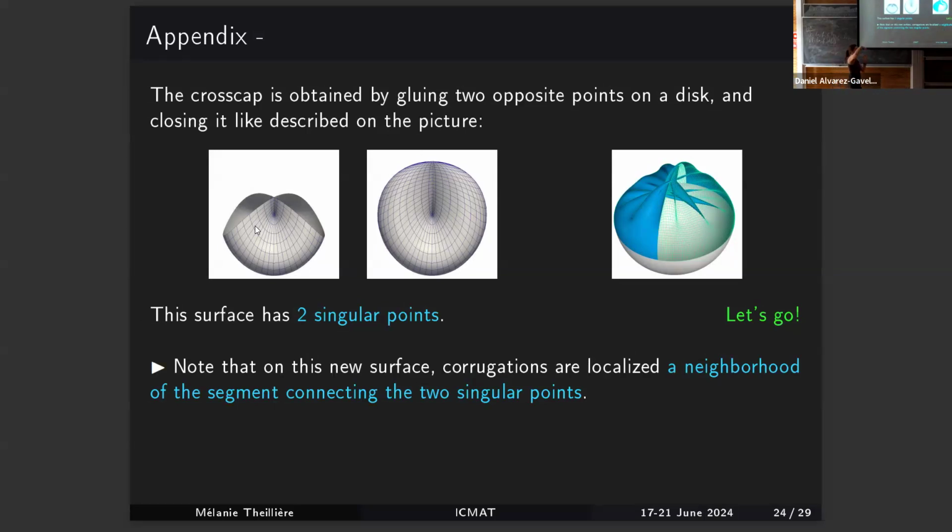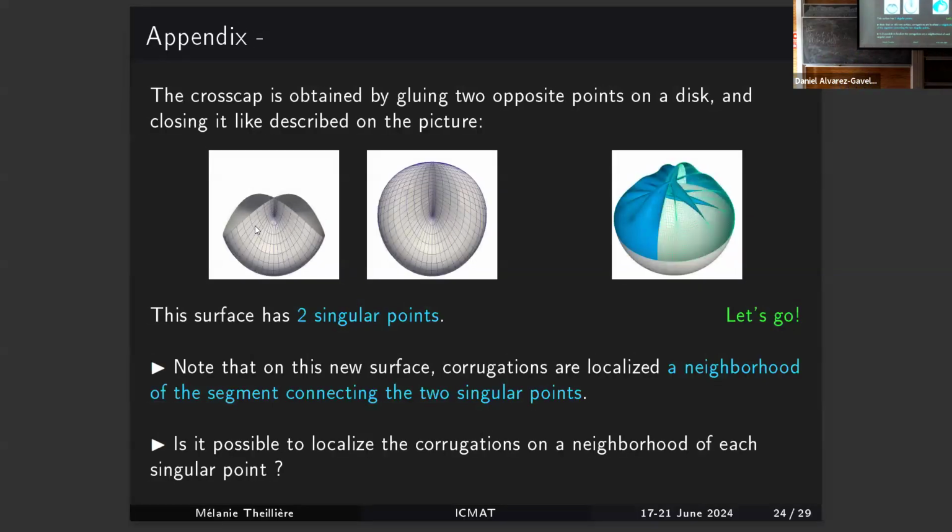So it's not localized around each singular point, it's localized around the segment connecting the two singular points. So, is it then possible to localize corrugation on a neighborhood of each singular point, which is a natural question.